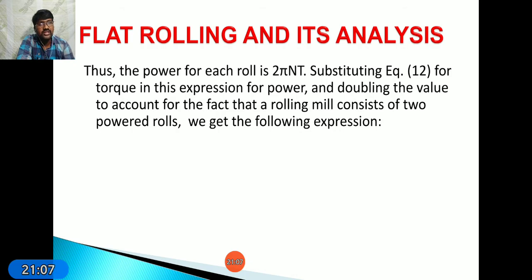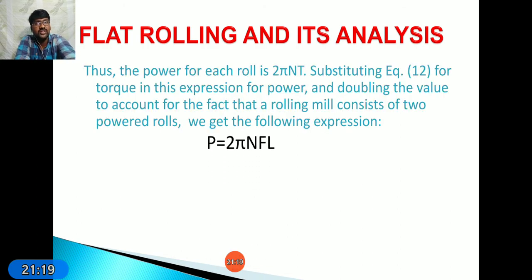Next, substituting this in the torque equation, it can be expressed by doubling the value to account for the fact that the rolling mill consists of two powered rollers. We get the following equation: power equals 2 pi n F into L, where T is defined as FL.